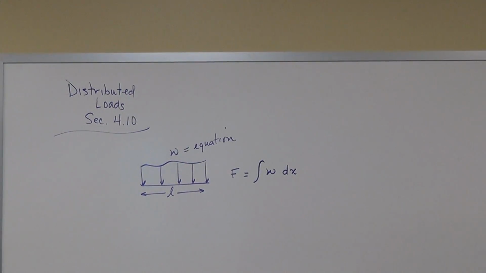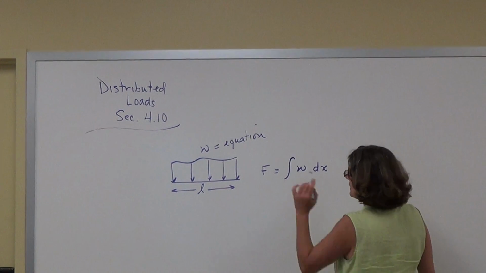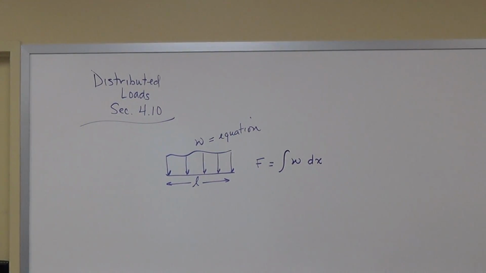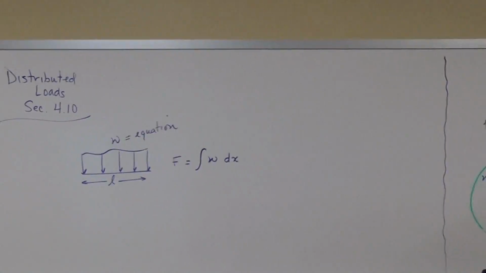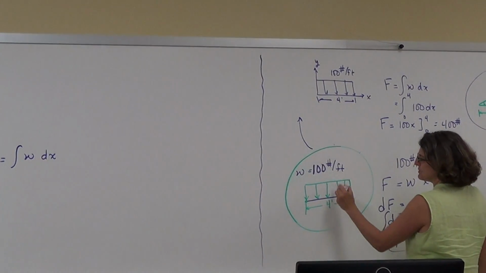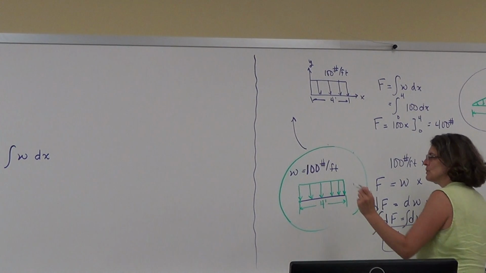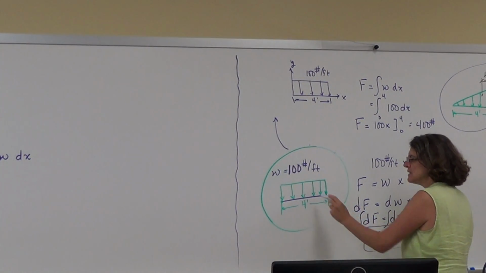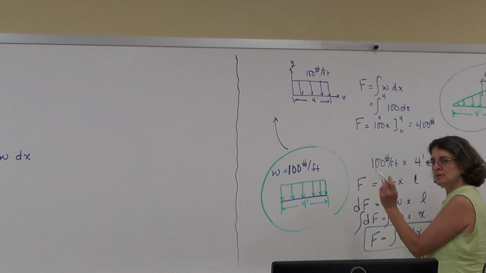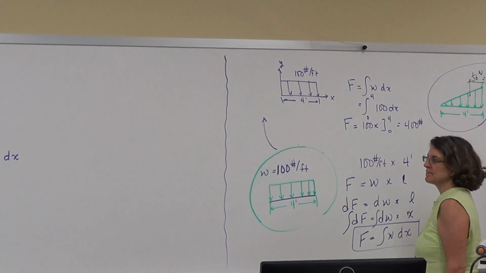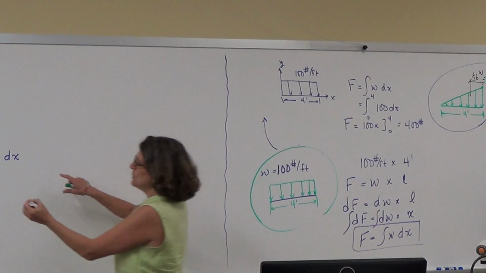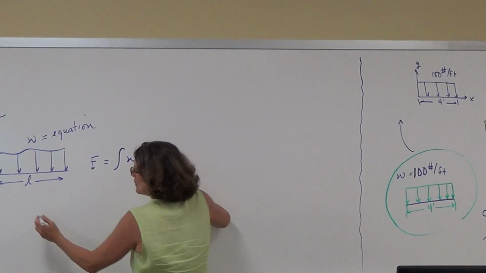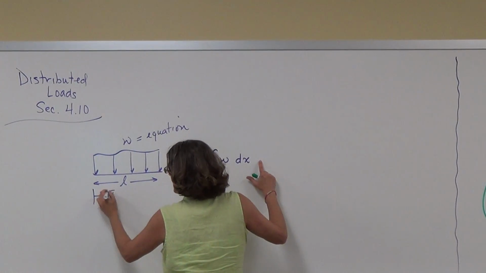Sorry, let me back up. You were able to calculate the area here, and you also knew where the centroid of a rectangle is. So you were able to get the equivalent force and its location. Well, not only do we want to find the force here, we also want to find that x distance.